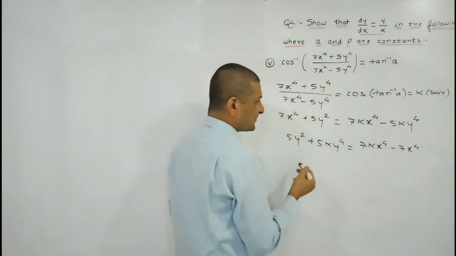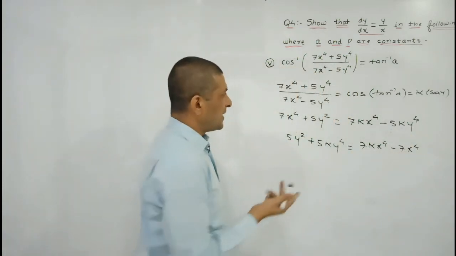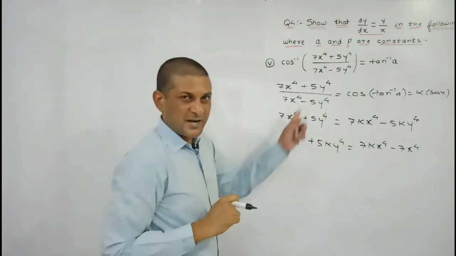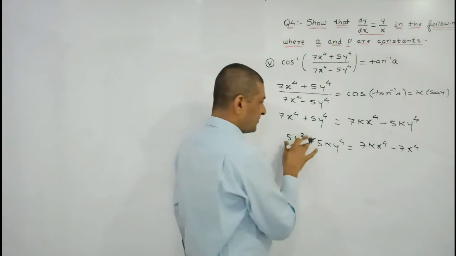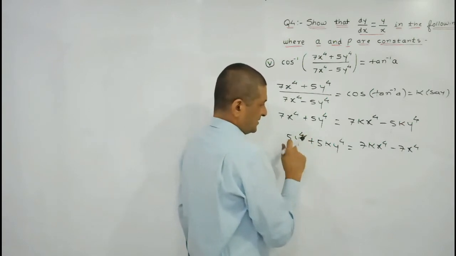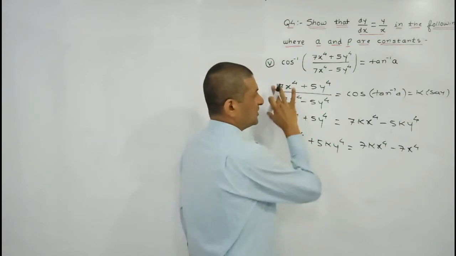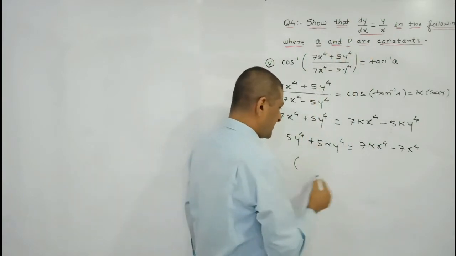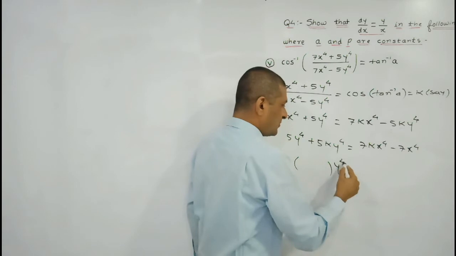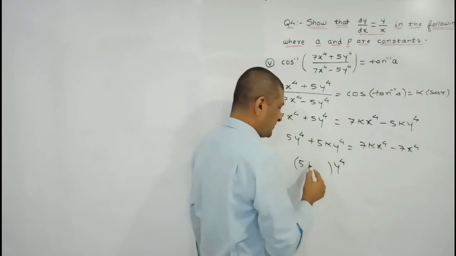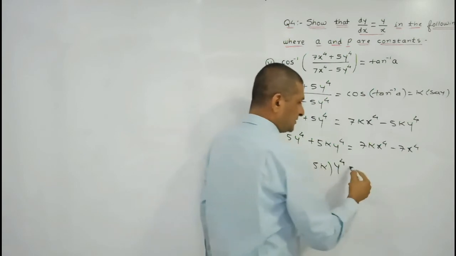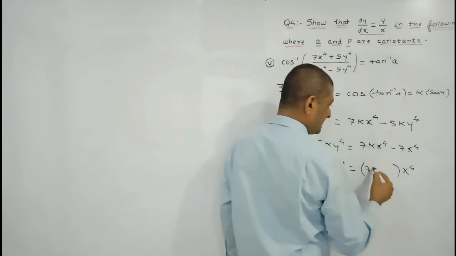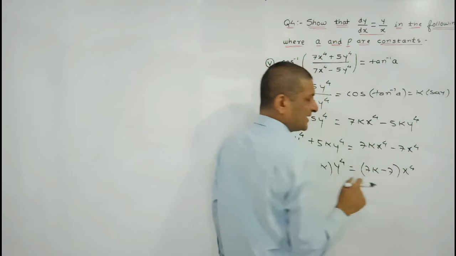Here y raised to power 4 is there, by mistake I have written 2, so try to understand it. Now if I am taking y raised to power 4 common, here also y raised to power 4 is there, powers are 4 in all the cases. So taking y raised to power 4 common, what will we get? 5 plus 5k, and on this side if I am taking x raised to power 4 common, we will get 7k minus 7, isn't it?